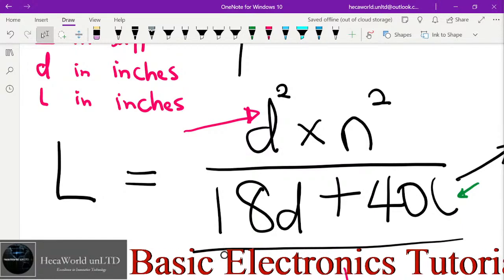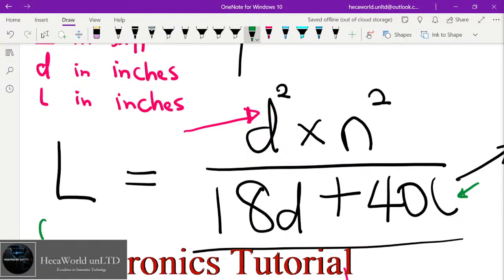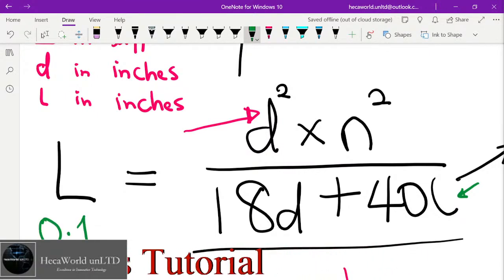So if I am shooting for a particular L, let's say I'm looking for 0.1 of whatever unit, I can choose the diameter of the coil easily because I would have my wire. And then this will help me determine N and l.